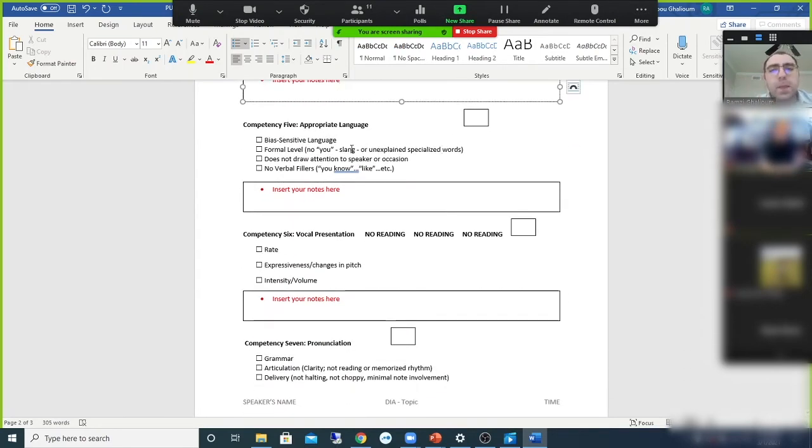Now, language. Bias-sensitive language. Did my language marginalize any groups, any audience members? Did I make anybody feel crappy or anything like that? It's not really the kind of speech that's going to do something like that. When people talk about, for example, recycling and throwing away trash, you can come off as very standoffish, not liking people who litter and stuff like that.